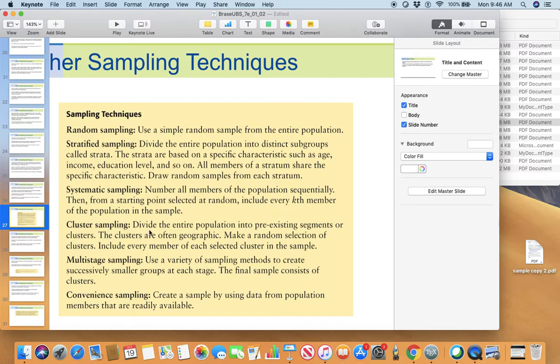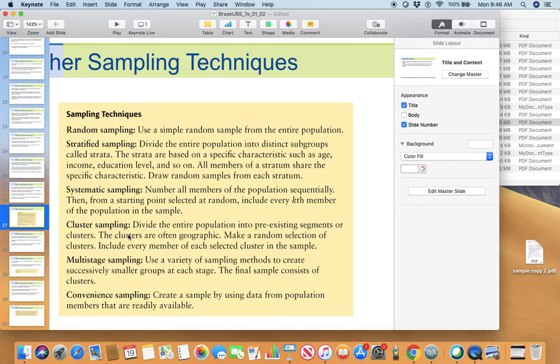Cluster sampling: divide the entire population into pre-existing segments or clusters. The clusters are often geographic. Make a random selection of the clusters. Include every member of each selected cluster. That's the difference between cluster and stratified sampling. In stratified sampling, you have divided the population into strata, but you are drawing random samples from each stratum.